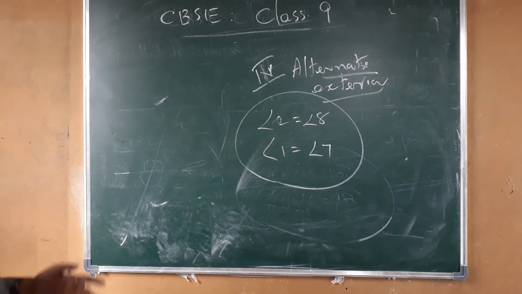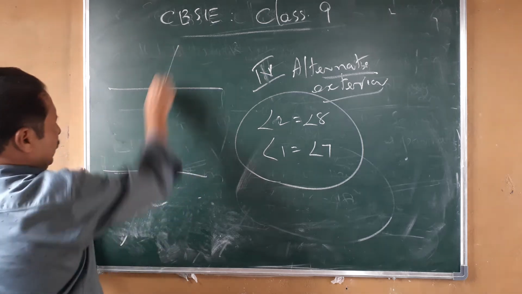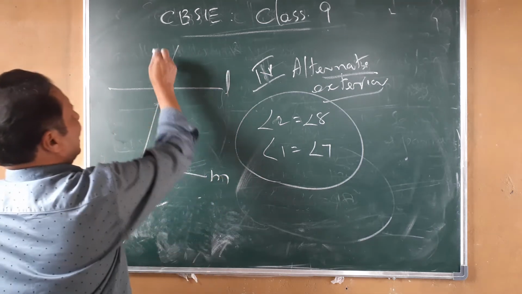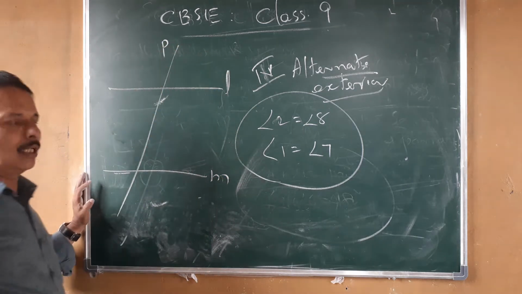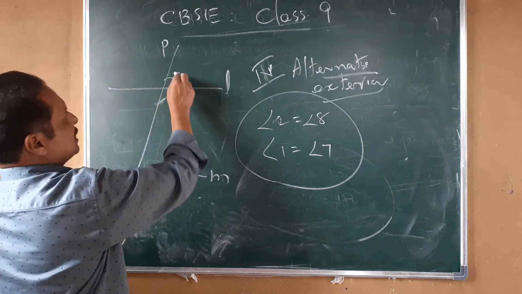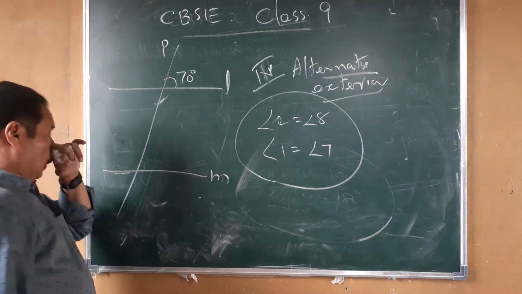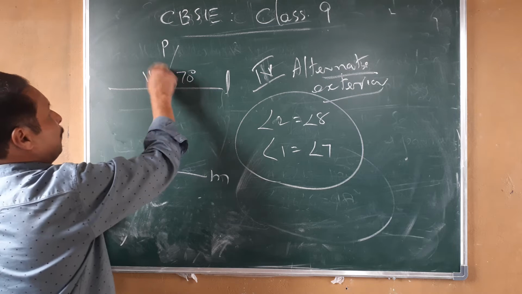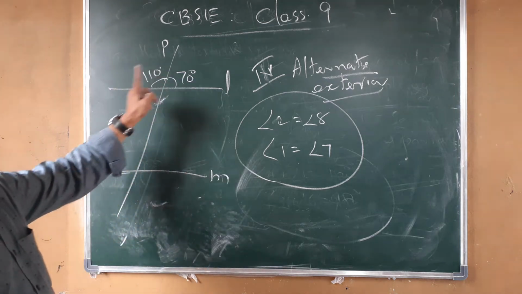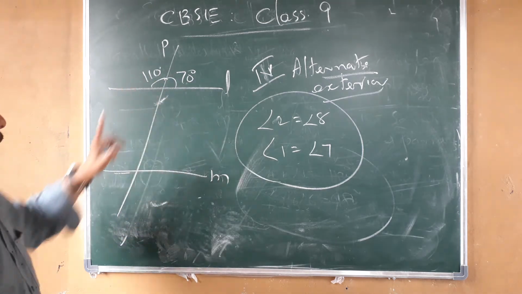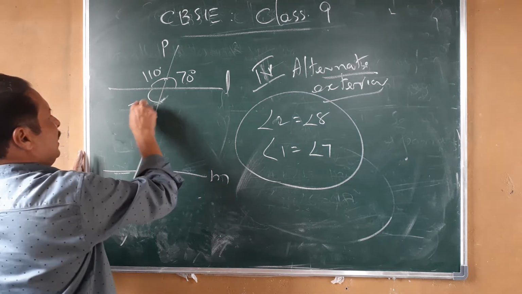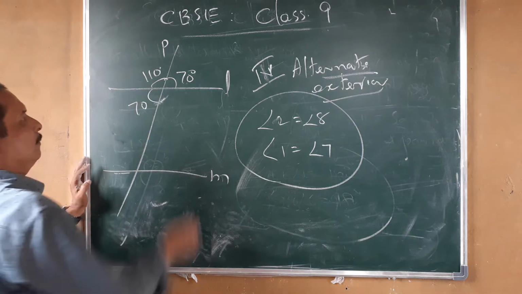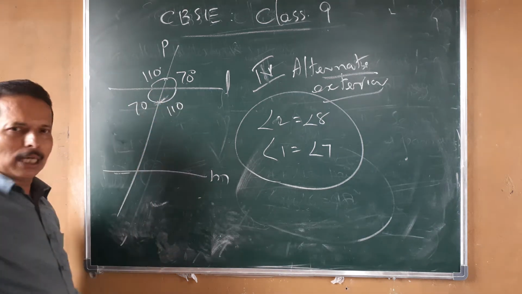Once again, look at here. Now, in the picture, L is parallel to M, and there is a transversal P also. Given it is 70 degrees here. You studied that this is a linear pair, so it is 180 minus 70, 110. If this is 70, automatically vertically opposite angles are equal.